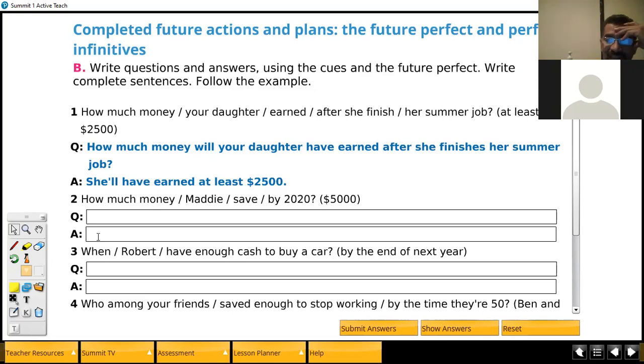Tell me the question and we'll check the answer. Come on. What do you think is the question of number 2? Remember that you have to use the information that you have here. This is the information you need, okay? How much money Maddie saved by 2020? So with that, you have to make the question.